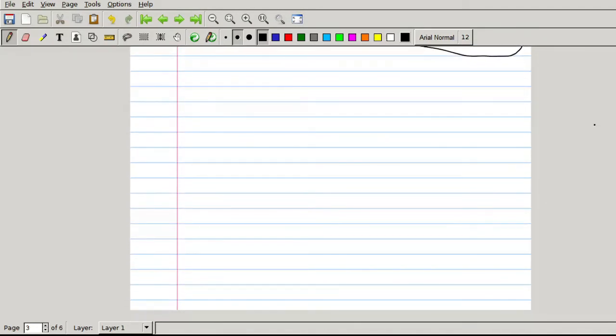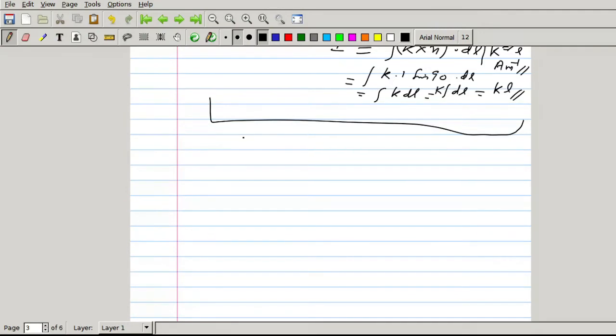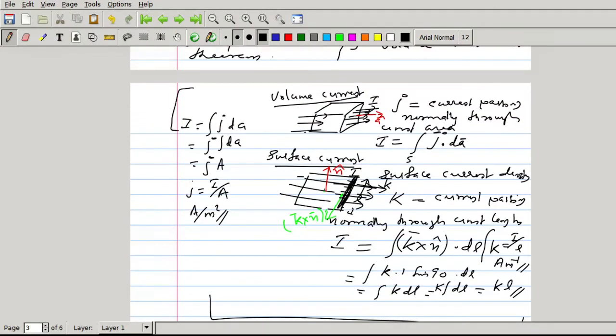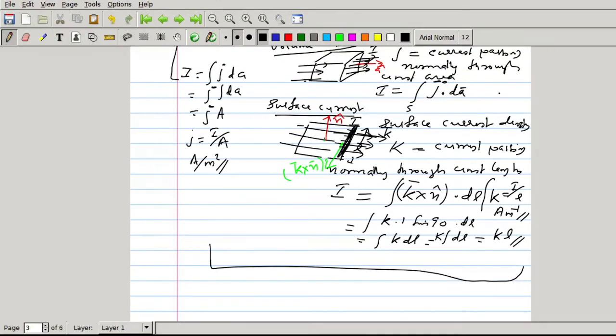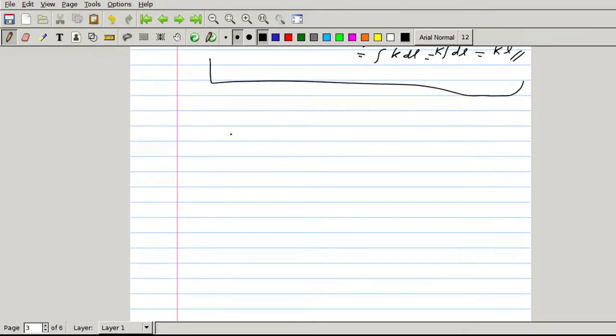This I am taking as equation 14, and this equation as equation 15. In equation 13, the total current density, we are dealing with the static case.